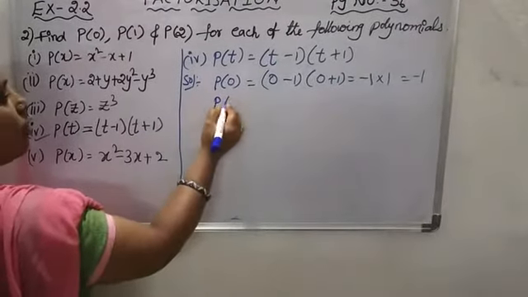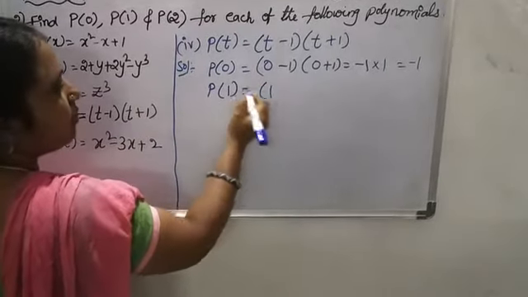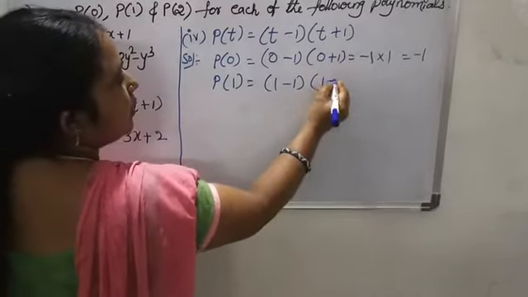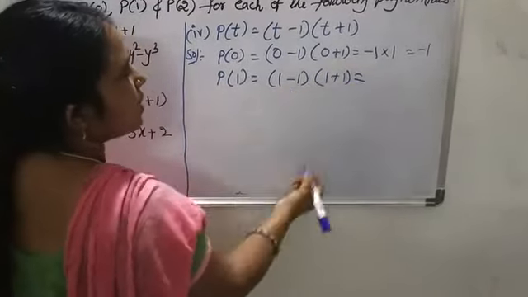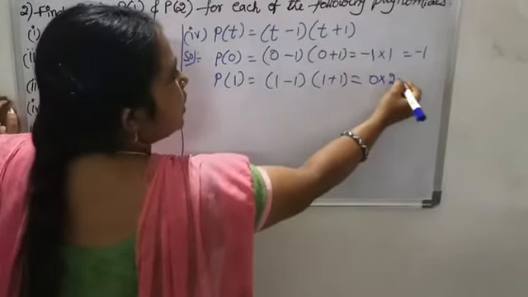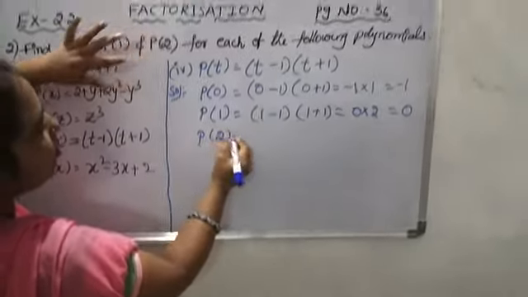Next, p of 1 is equal to, in the place of t we substitute 1. 1 minus 1 into 1 plus 1 is equal to 1 minus 1, 0, into 1 plus 1, 2. 0 2s are 0. And the last one, p of 2.